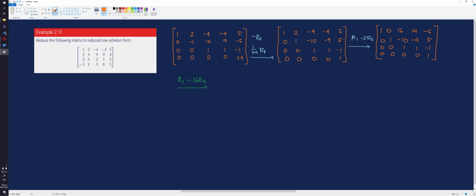So the first element of row 1 is 1 minus 16 times the first element of row 3, that is 0, and that is equal to 1. For the second element, we have 0, that's the second element of row 1, minus 16 times the second element of row 3, which is 0, that is 0.